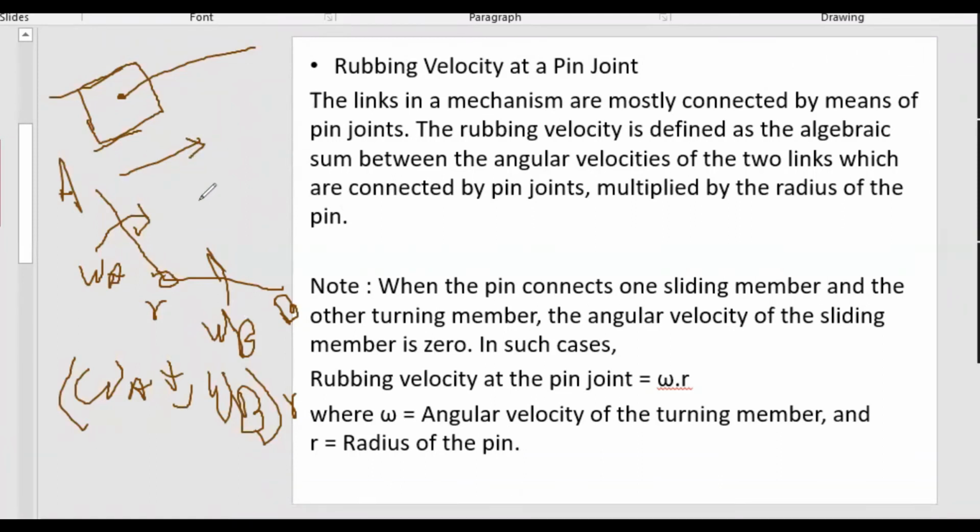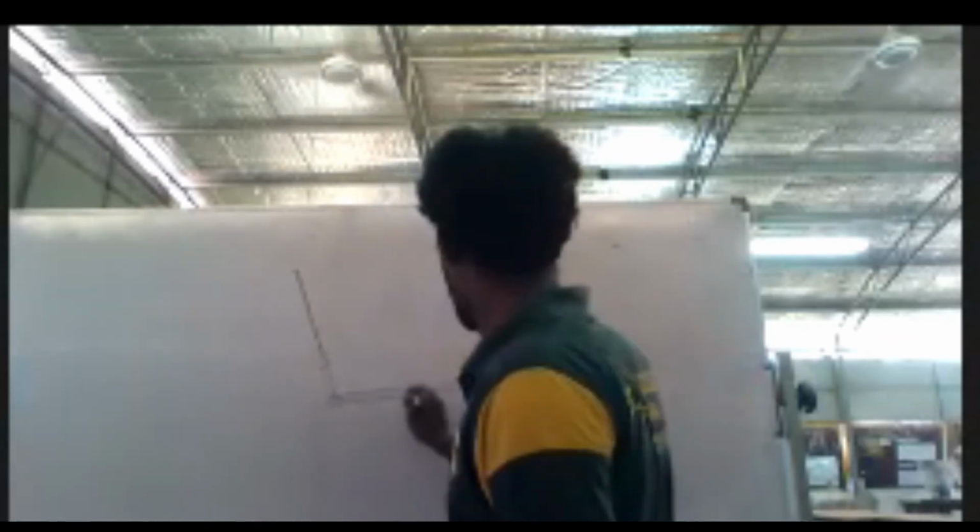So the rubbing velocity at the pin joint is omega into R. This omega is only of the turning member, not the sliding member. Here omega is the angular velocity algebraic sum, and R is the radius of the pin. They are connected by a pin of some radius, so the radius of the pin is R.